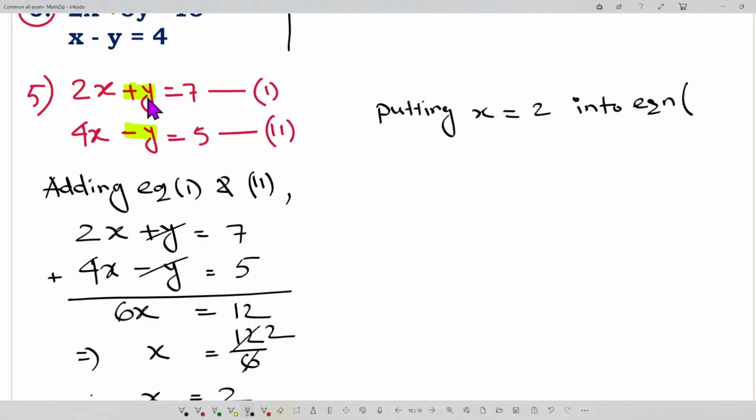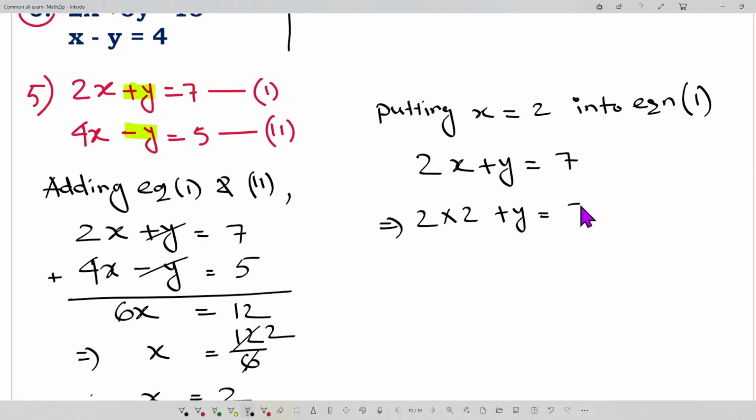Here is plus y and here is minus y. We can better use equation 1. So 2x plus y equals 7. Now 2 times x means 2 times 2, and plus y equals 7. Then 2 times 2 is 4, plus y equals 7.